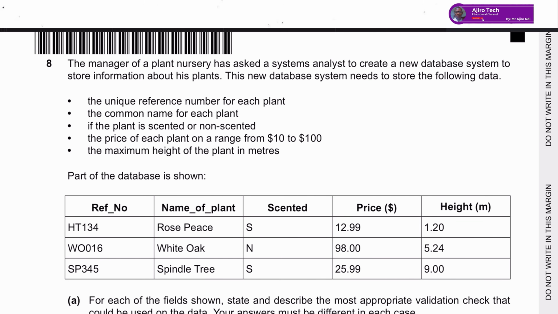The manager of a plant nursery has asked a system analyst to create a new database to store information about his plants. The new database needs to store the following data.